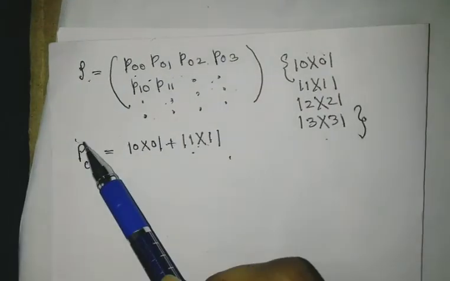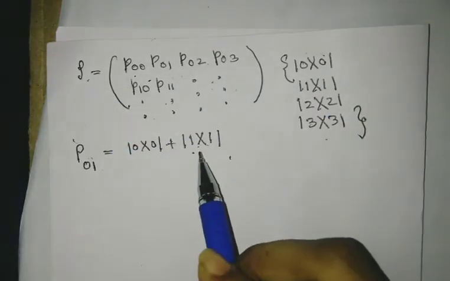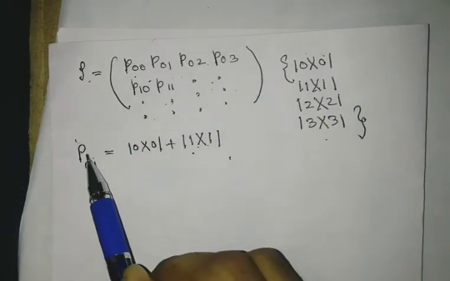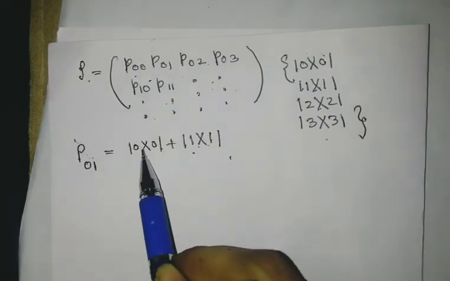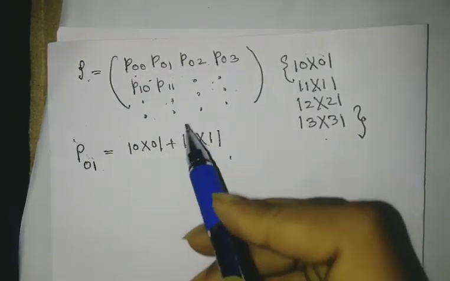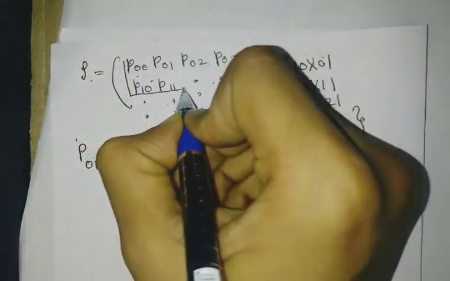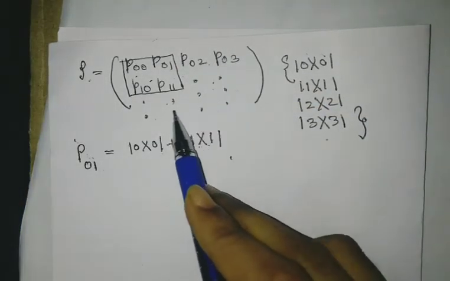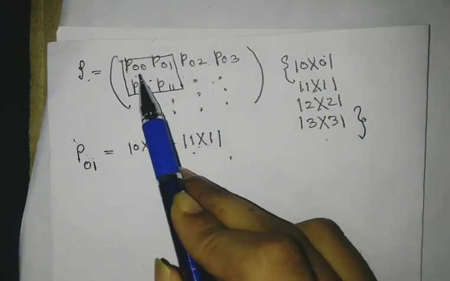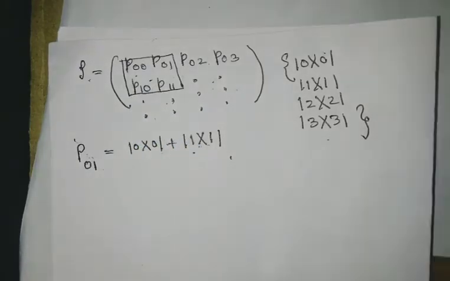Now what will be the final rho when I apply this projector? That's why projectors are called projectors: this projector has a 0 and a 1, so it projects into the 0, 1 space only. It will just ignore everything else in this matrix and project into this much space.